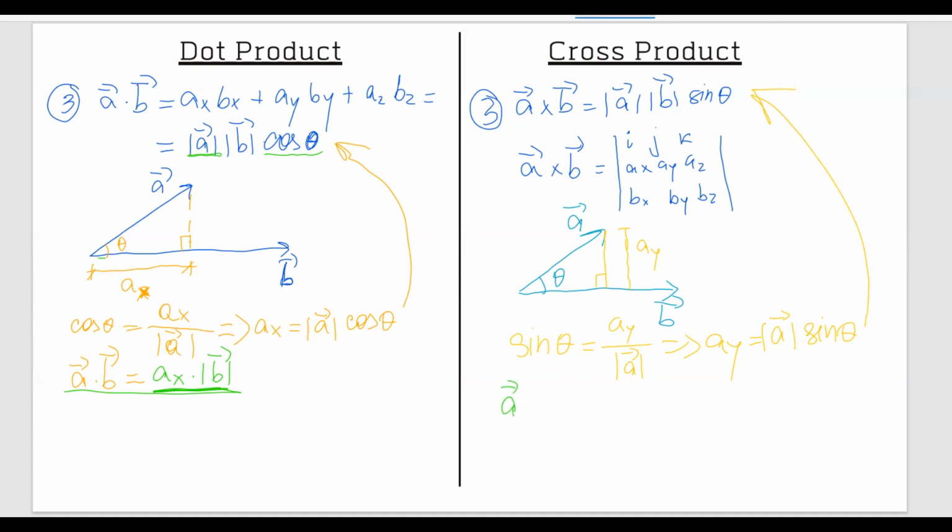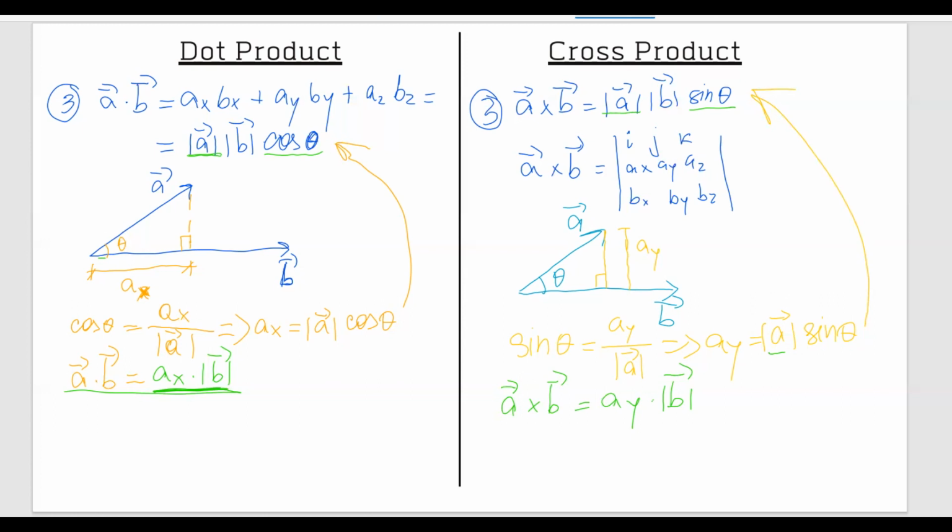And again, coming back to this formula, I'll rewrite it down. A cross B is equal to, A sine theta is AY, so I'll do AY times the magnitude of vector B. So what this means is we have the magnitude of vector B, and then how much of vector A points in a different direction.